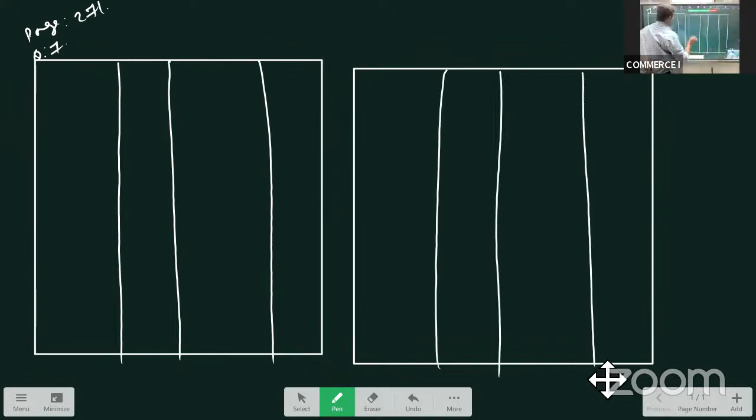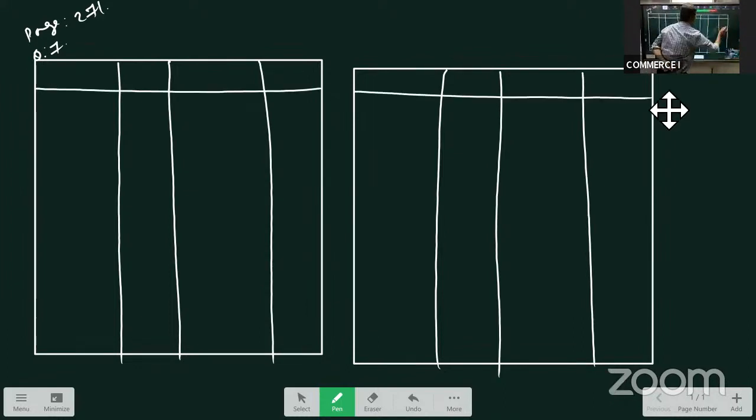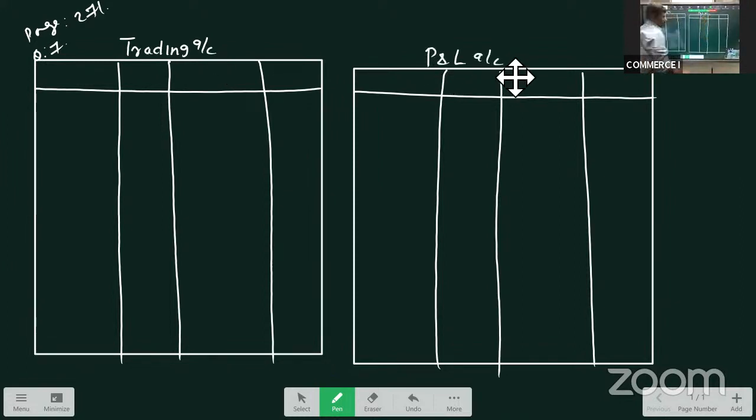In short, we call it P&L account. So this is our trading account, and this is our profit and loss account.